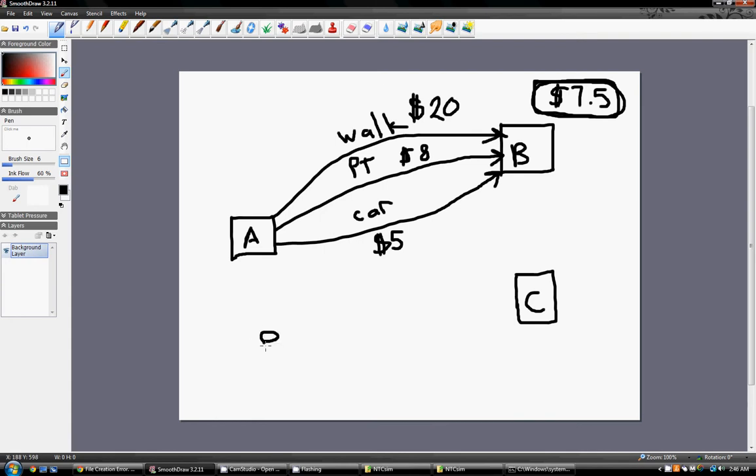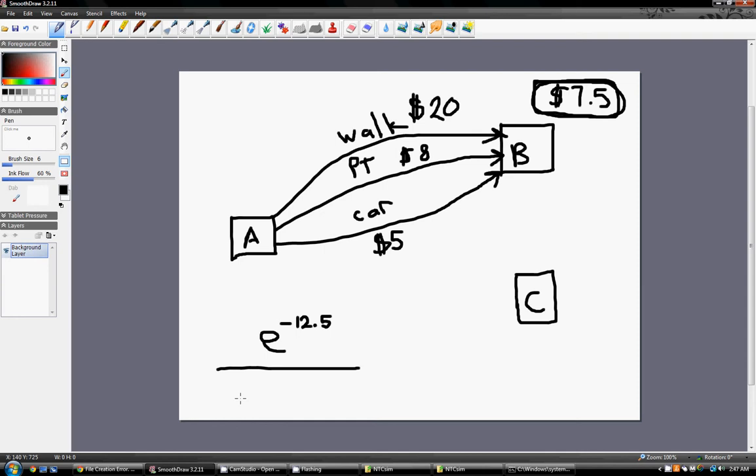So the probability that we walk is going to be e to the power of minus 12.5. And that minus 12.5 is basically the $7.50 value of getting to B minus the $20 cost. So $7.50 minus 20 gives us minus 12.5.